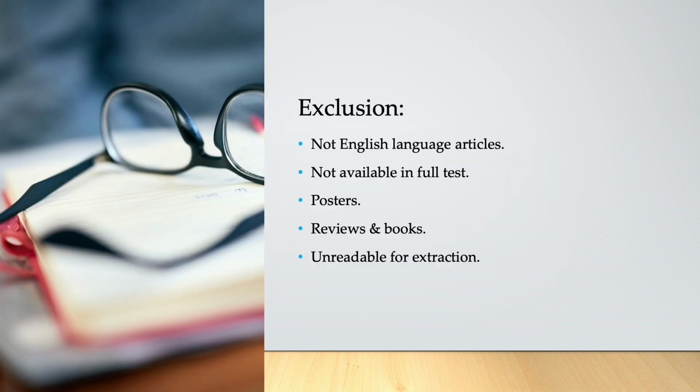So exclusion: we may exclude non-English language articles, and articles not available in full text. Sometimes we just find an abstract or a part of the study, not the whole study. Posters, mostly we exclude. Reviews or books, and studies unreadable or unreliable for extraction.